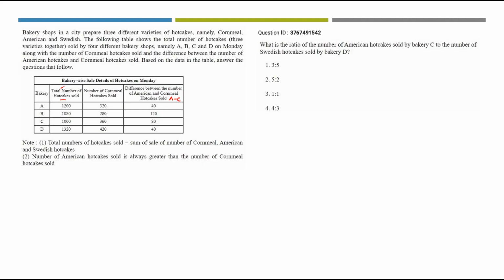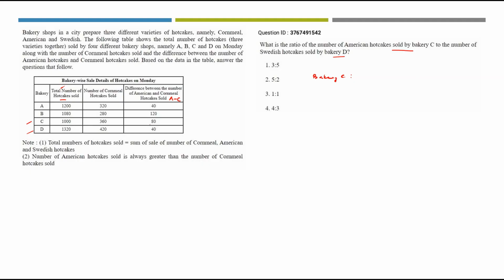What is the ratio of the number of American hotcakes sold by bakery C to the number of Swedish hotcakes sold by bakery D? So we have to concentrate on C and D now. Let's start with bakery C. Regarding bakery C, we have one data about American hotcakes, that is the difference between American and cornmeal.